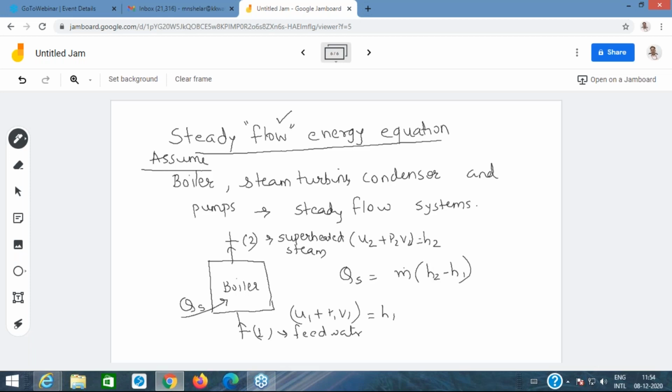This is the steady flow energy equation for the boiler, the steam generator, during the process 1 to 2. Is this understood? Heat supplied in the boiler can be calculated as m dot into (H2 minus H1). I hope it is understood.